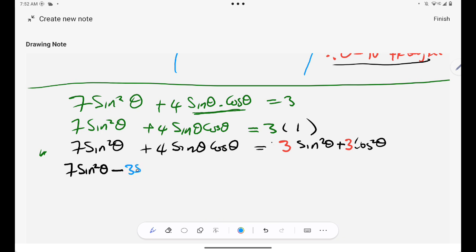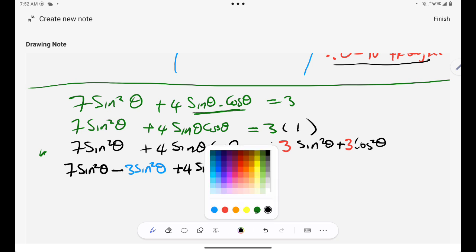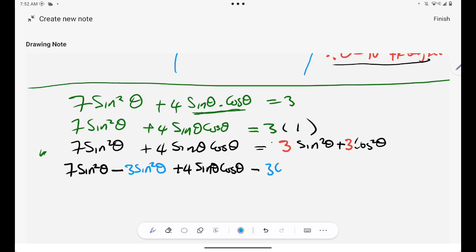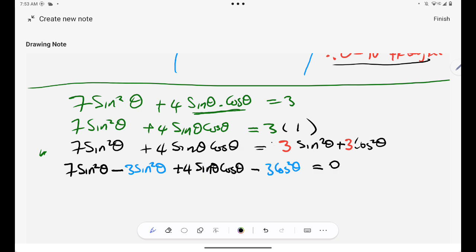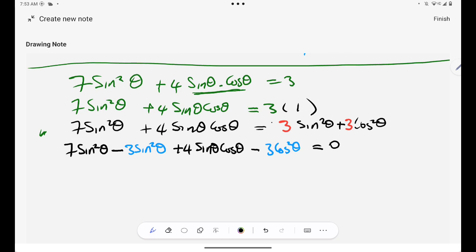This is 3 sine squared theta, right? And then I will have 4 sine theta cos theta minus 3 cos squared theta. This is equal to 0. Now everything is in standard form. I have everything on the left hand side and 0 on the right hand side.